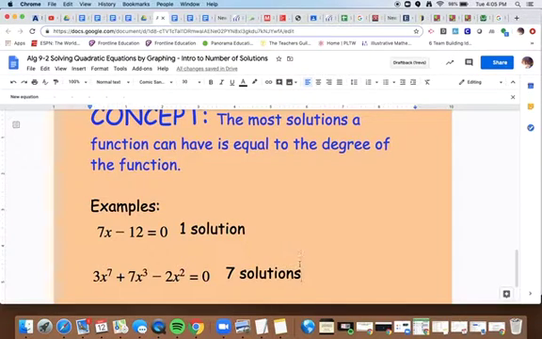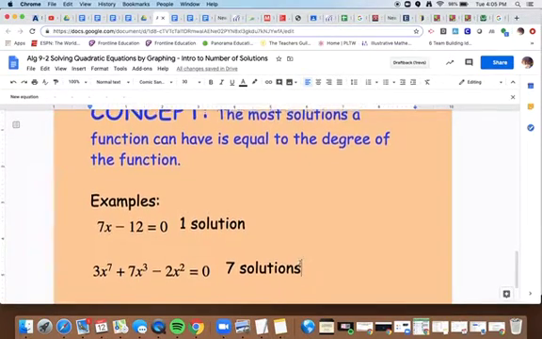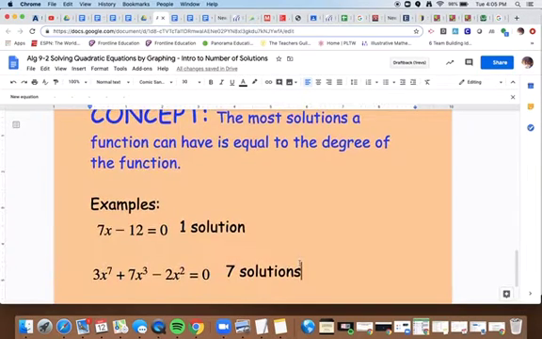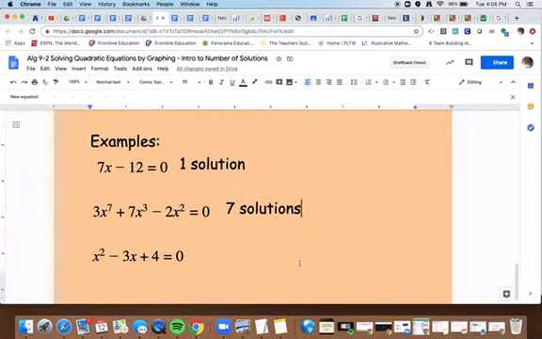Now, that doesn't mean it's necessarily going to have 7 solutions. It just means the most it can have is 7 solutions. All right, because you can have situations where there isn't a solution, right? And we've seen that. And then this one is a quadratic equation. The most solutions this could possibly have is 2 solutions.